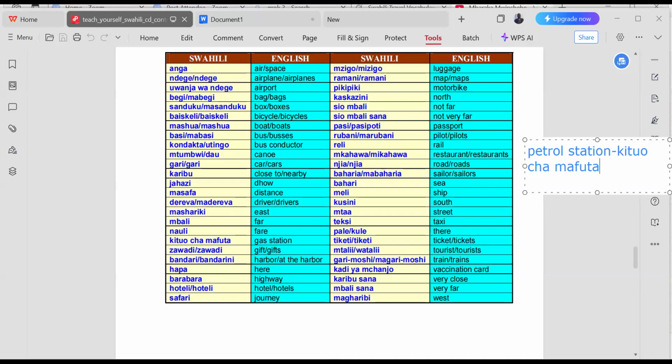But mafuta also has an extra meaning. We have a category of mafuta. We can have mafuta as the cooking oil. The oil you use on your body, the body oil, we still call it mafuta.